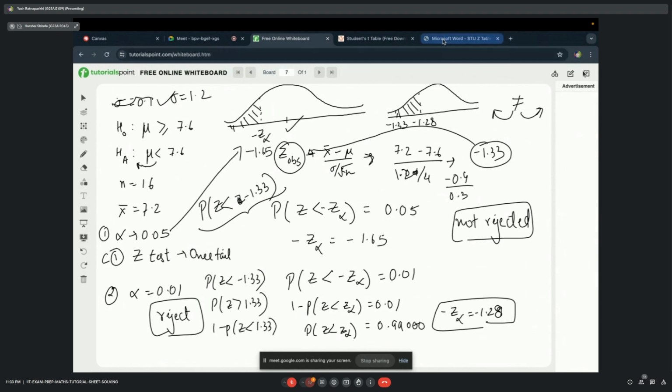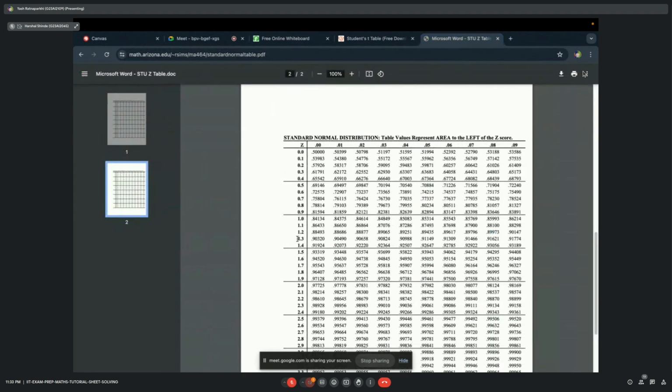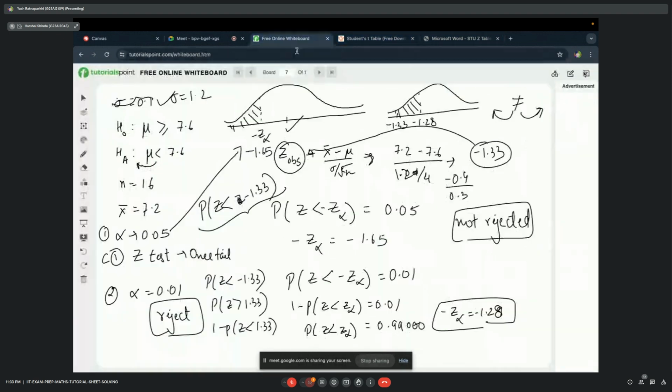At 1.33, the value will be 0.90824. Subtracting it from 1 gives 0.091. So my p-value in case 1 will be 0.091.